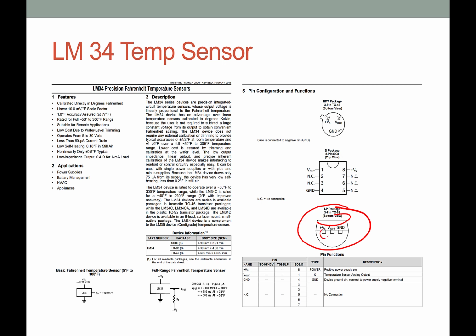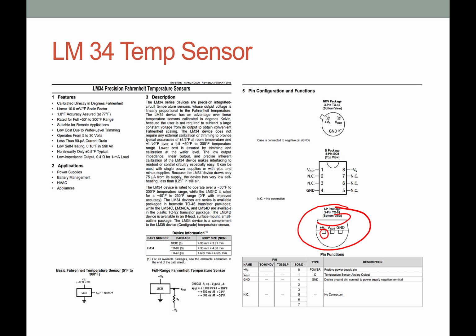And then the supply voltage, Vs, that you're going to apply 5 volts to, is on the left, and then the voltage that you're going to sample, V out, that's a function of the temperature, is the middle one.